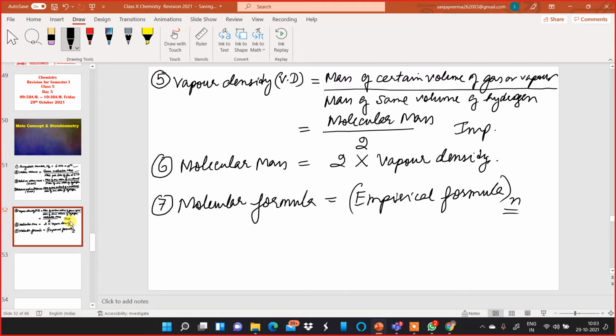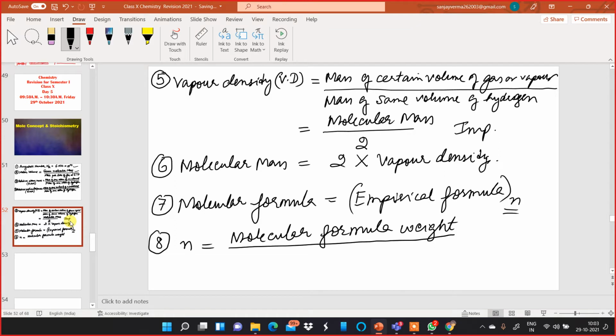Number 8, the last formula, this n is equal to molecular formula weight divided by empirical formula weight.